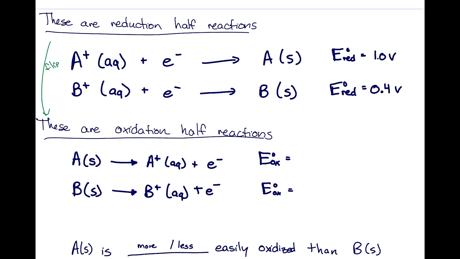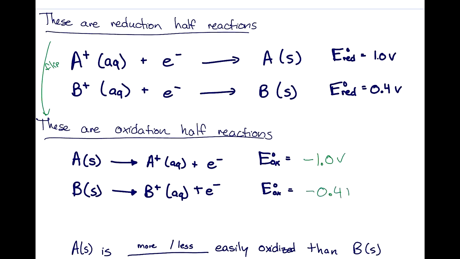If we flip a reaction, we're also just going to flip the sign of that value. So the new value for oxidation here for A is not 1 volt, it is actually negative 1 volt. And the oxidation potential for B is negative 0.4.